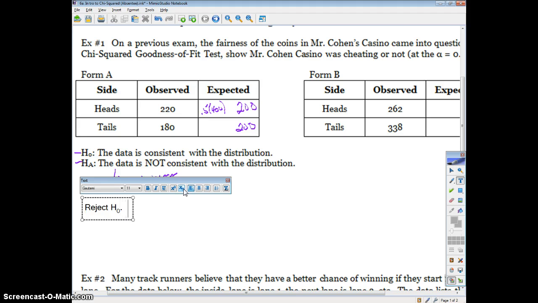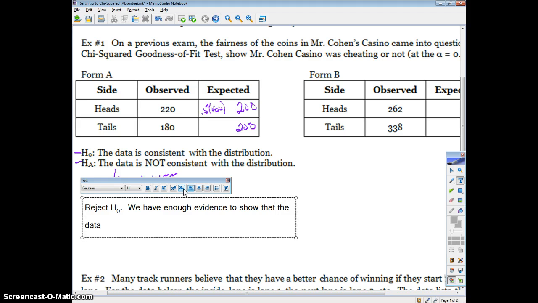It's close, but we're still going to reject the null hypothesis, which means we have enough evidence to show that the data is not consistent with the distribution.